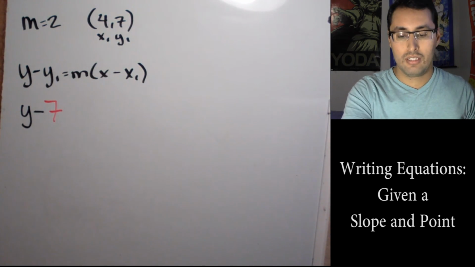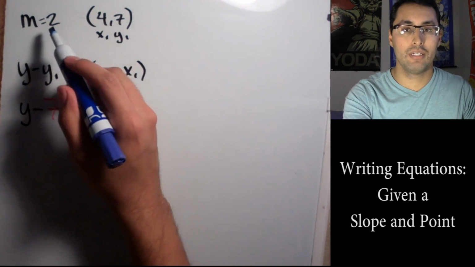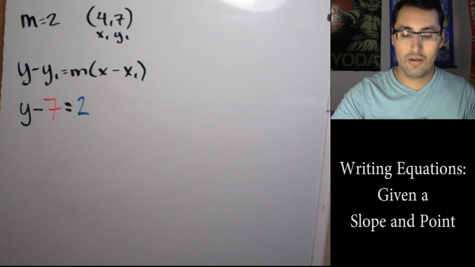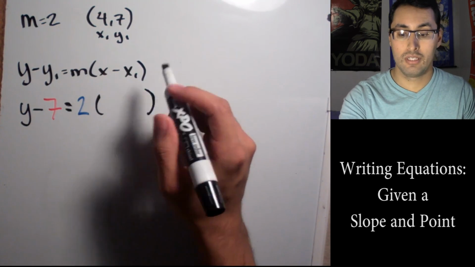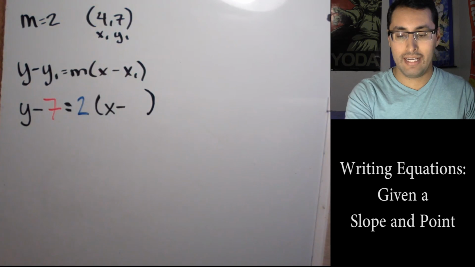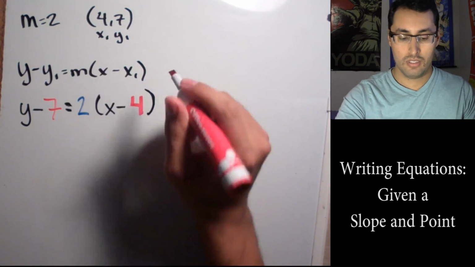Equal to m. Well, m, we have it over here. It's positive 2, so I'll put plus 2. And then now I have to put parentheses here. It says x minus x1. Well, x1 over here is 4, so I'm going to put 4 over here.